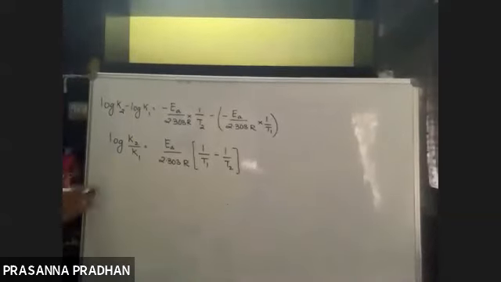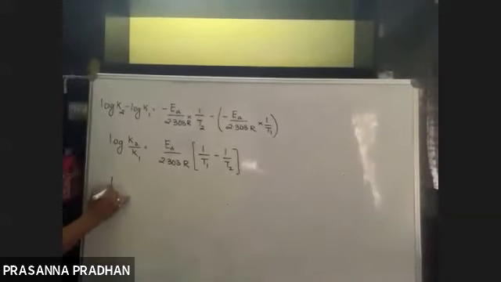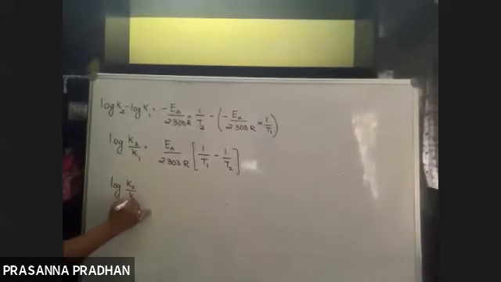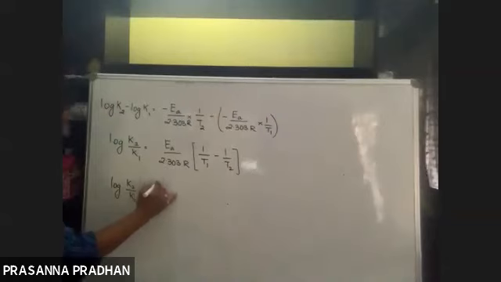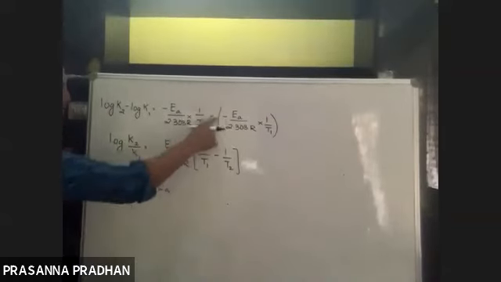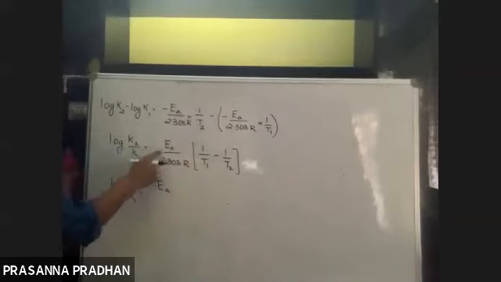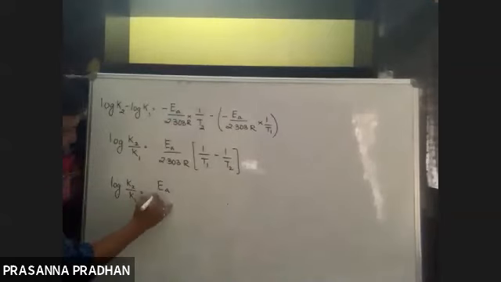If we further simplify, log k2 by k1 will be equal to Ea by 2.303 R into that bracket. I've taken plus common out here, so there will be no minus sign.